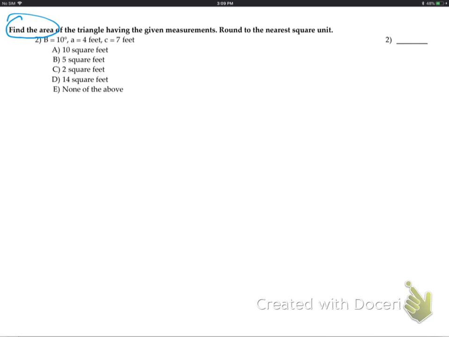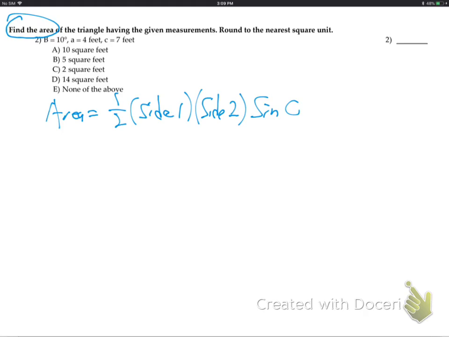Now on your paper you'll have an area formula which says 1/2 times side 1, side 2 times the sine of angle theta, where theta is between the sides.